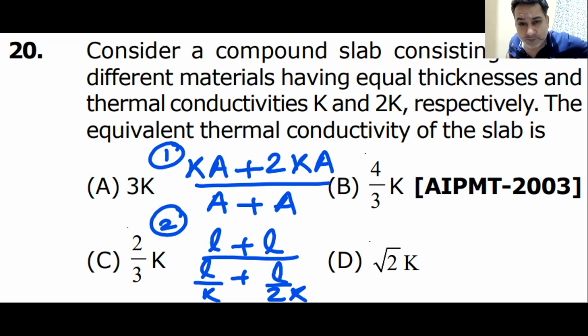Formula number 1 is for parallel connection. Formula number 2 is for series connection. When I solve formula number 2, the answer that I will get will be 4 by 3K. So this question was basically based on the series connection.